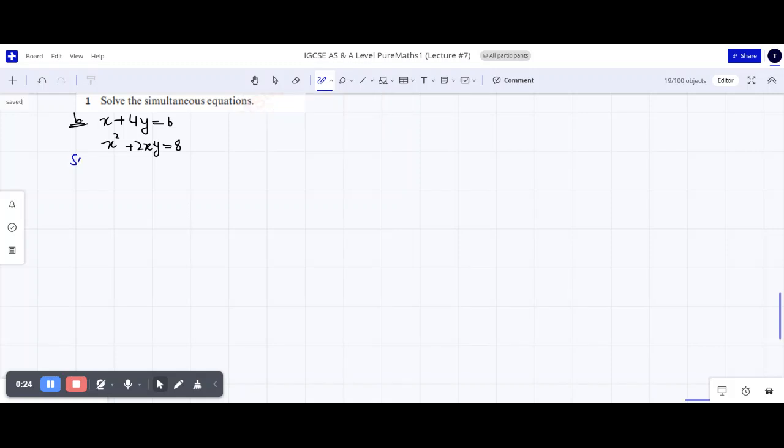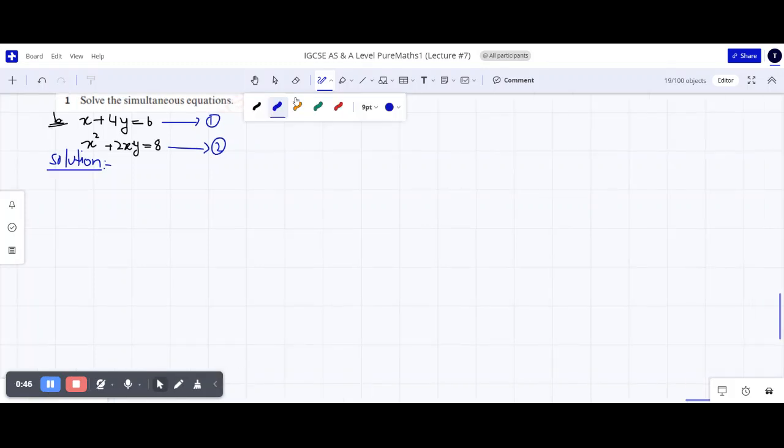Let's suppose this is equation 1 and this is equation 2.